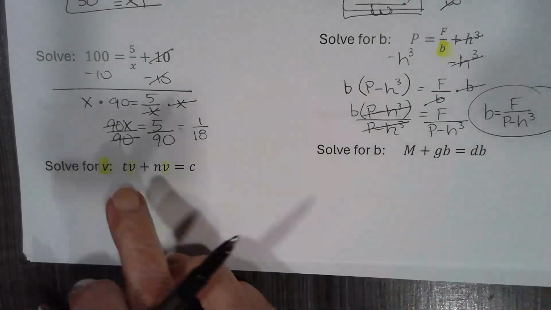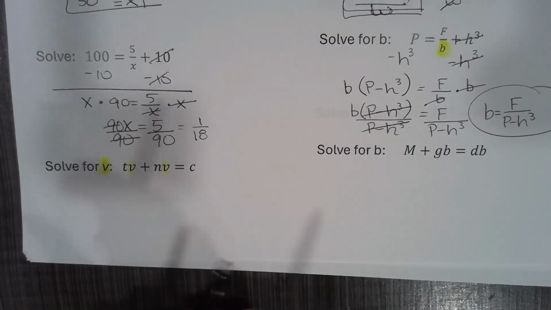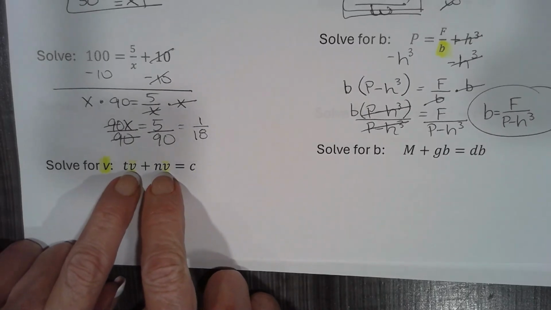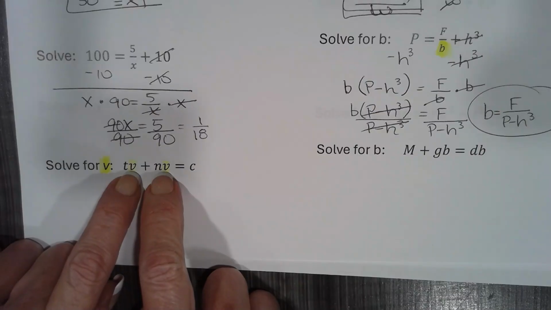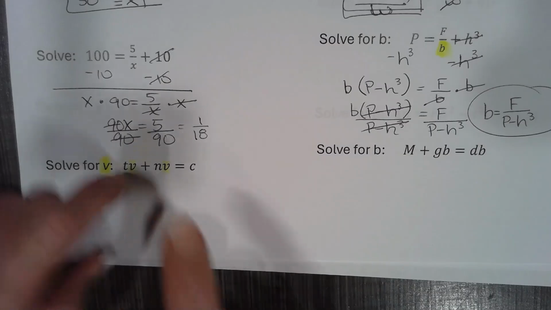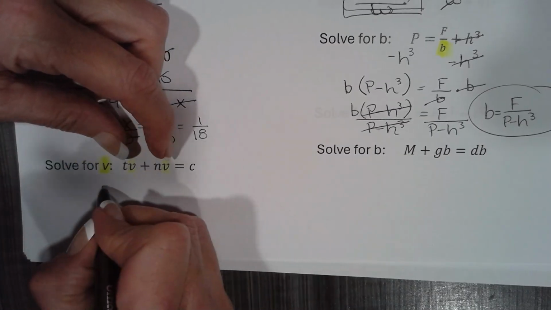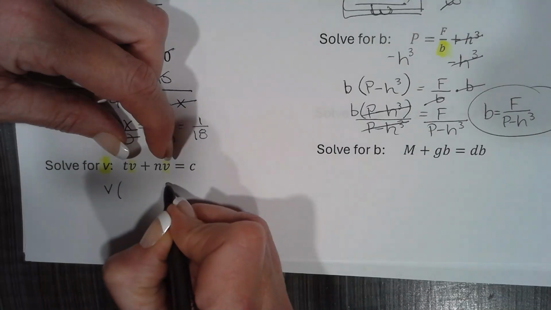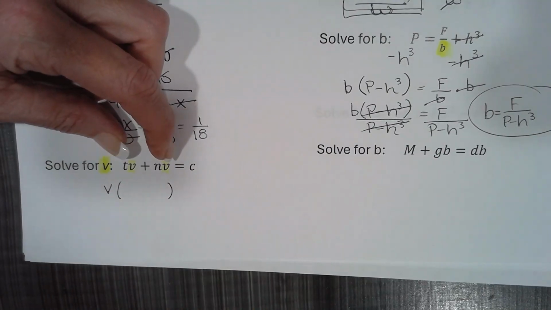So the way I get v to be written twice is to recognize that v is a greatest common factor. It is a common factor of the two terms. So I can pull the v out as a common factor.